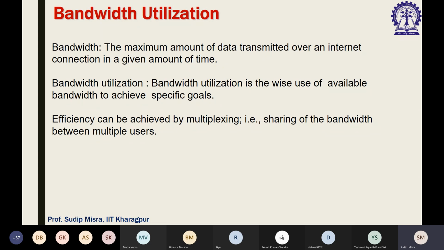Remember that bandwidth utilization is a huge topic, with so many different schemes and techniques available, so we cannot cover everything. We'll focus on only a few key concepts in this course.